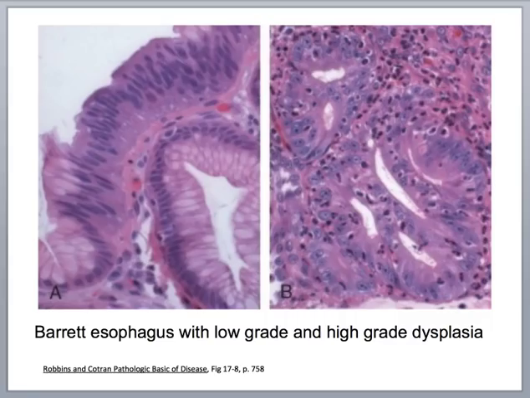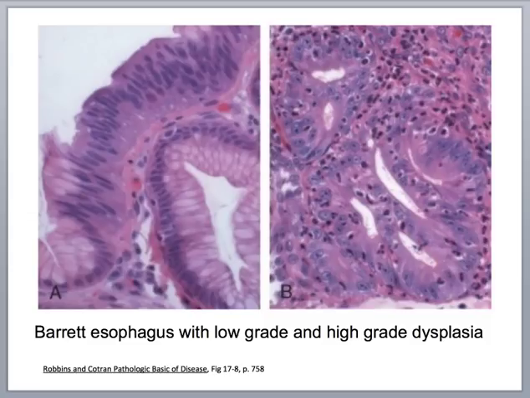Now the importance of Barrett esophagus is that it's associated with increasing degrees of dysplasia. So the panel on the left shows low-grade dysplasia. Notice that in comparison with the underlying and adjacent epithelium, there's loss of the glandular epithelial mucus, and it looks like there's a proliferation of nuclei.